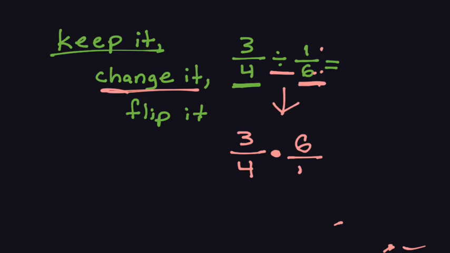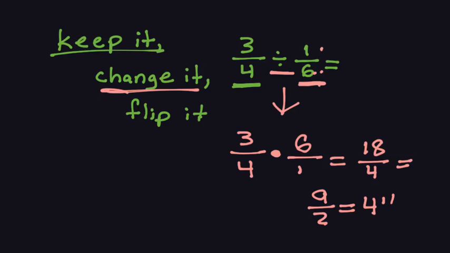So we can just do 3/4 times 6/1. Now we know how to multiply fractions. So 3 times 6 is equal to 18/4. That simplifies down to 9/2 or 4 1/2.